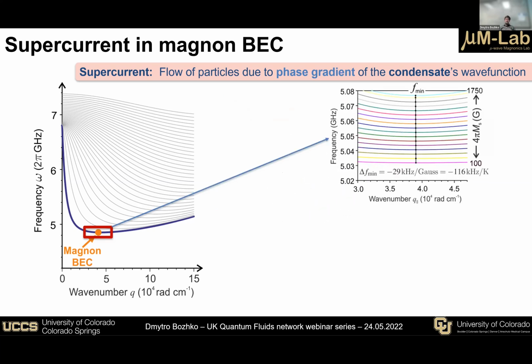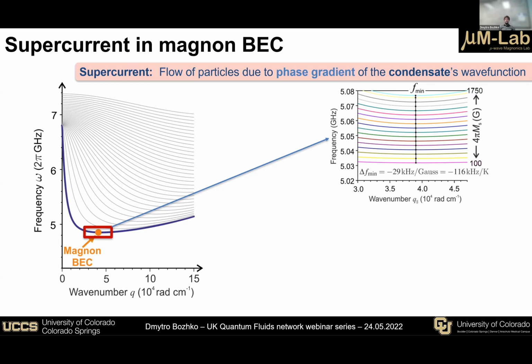And how do we change the frequency locally? Well, we have this nice temperature dependence of the frequency of the bottom, as we change the magnetization, and magnetization depends on temperature. And thus we can tune the frequency of the bottom by 29 kilohertz per Gauss, which translates for yttrium manganate to a 116 kilohertz per Kelvin rate.